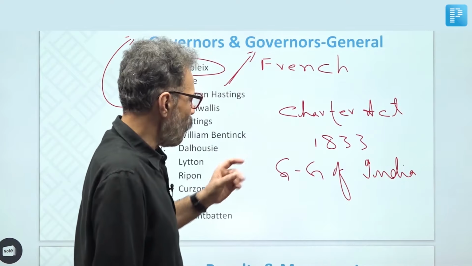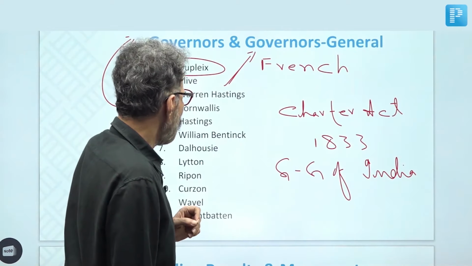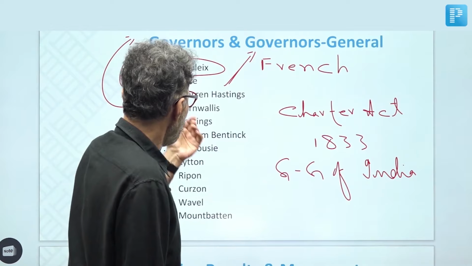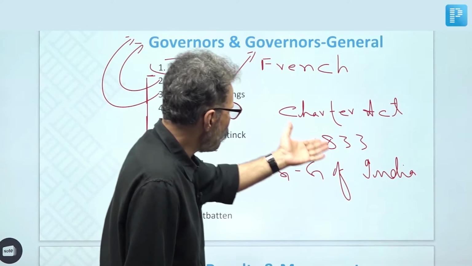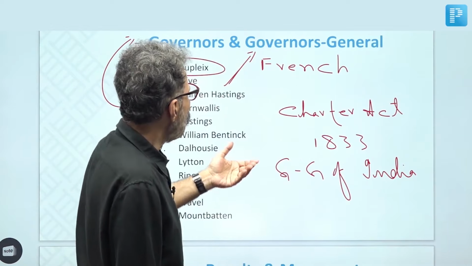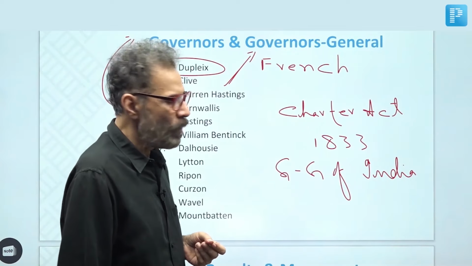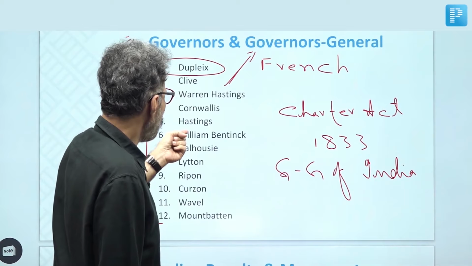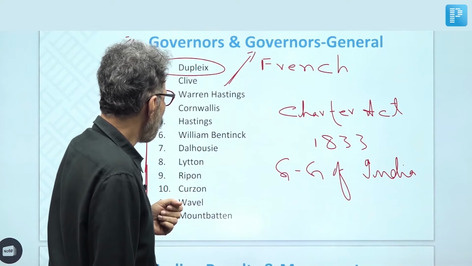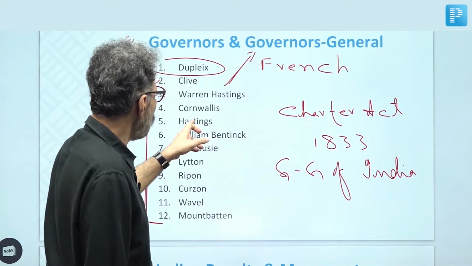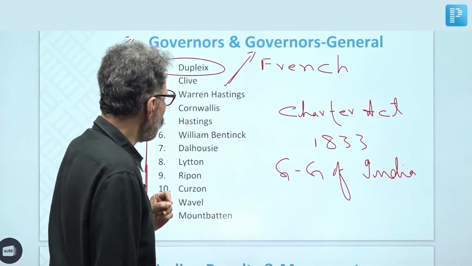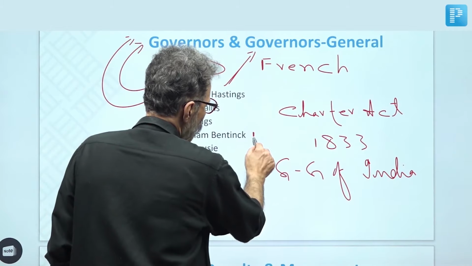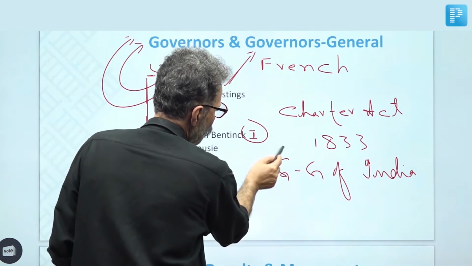So in a very simple way you can understand that the personalities here who worked 1833 onwards were Governor General of India. So William Bentinck was the first Governor General of India.